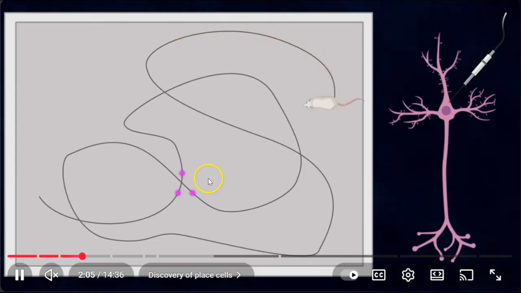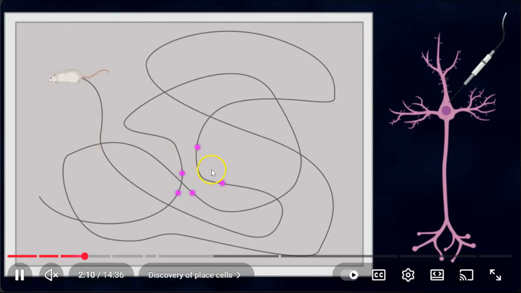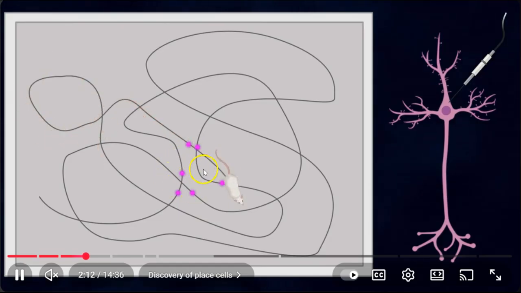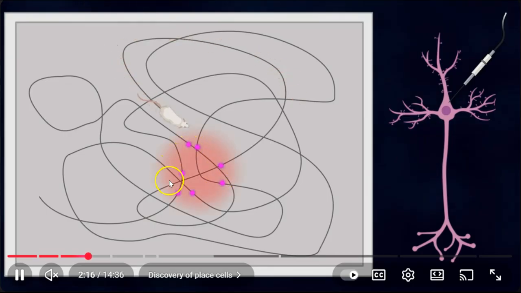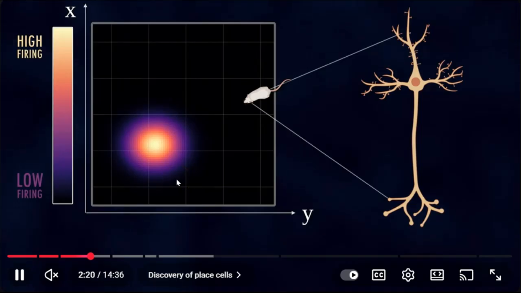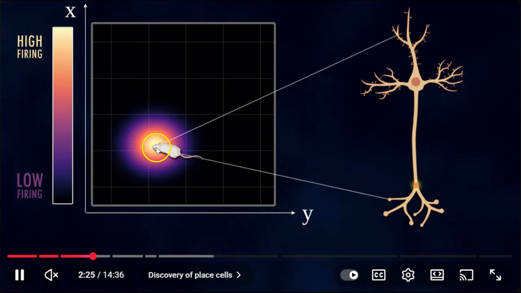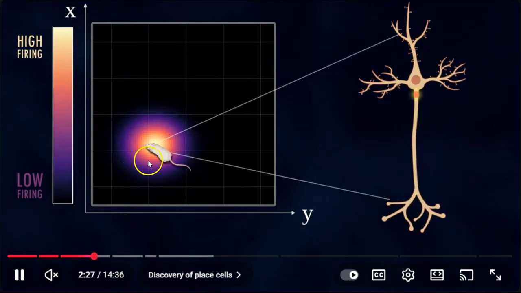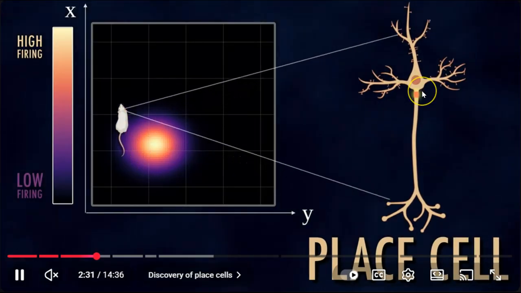What they found for certain hippocampal neurons is the neurons seem to be sensitive to the location of the rat in its environment. Notice the little pink dot means that the hippocampal neuron became electrically excited when the rat entered that location. So because that particular neuron seemed to become active only when the rat was at a certain place in its environment, they were called place cells.